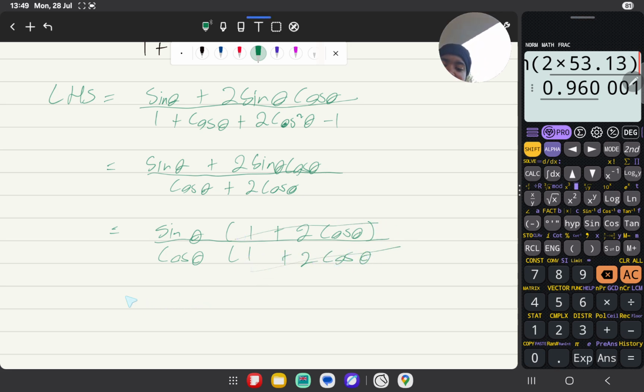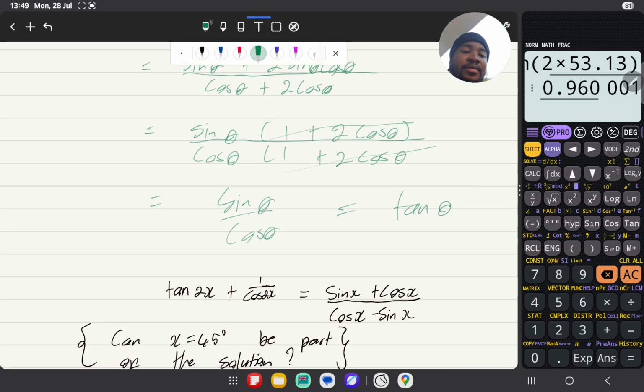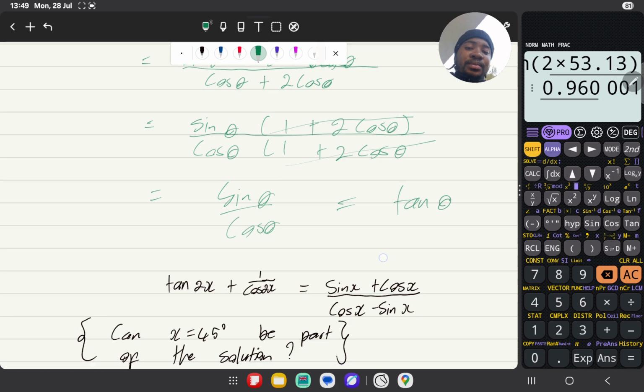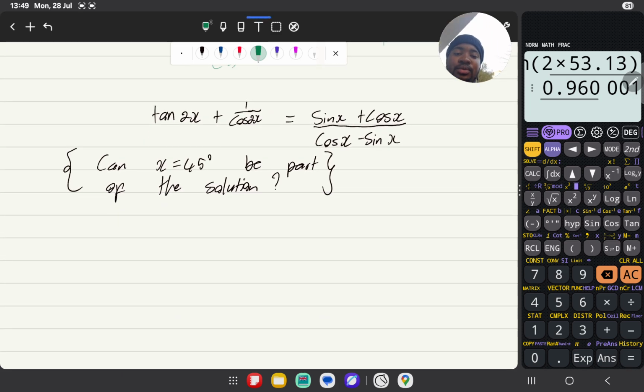They cancel, and I have sine theta over cos theta, which is tan theta, right? Saying that therefore the left and the right are equal. Cool.